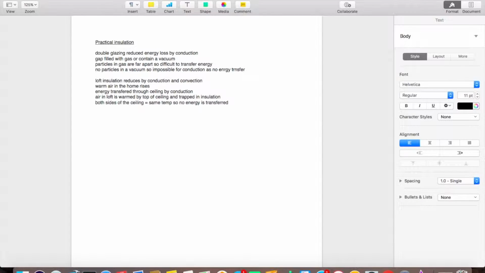Without loft insulation, the warm air in the loft can move by convection and heat the roof tiles. Energy is transferred to the outside by conduction.